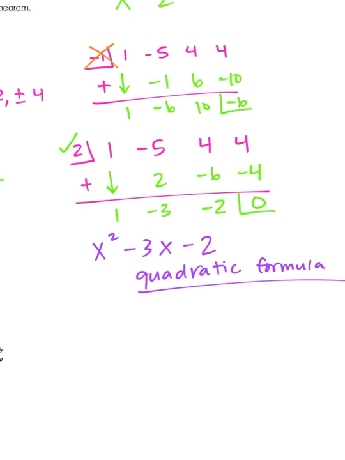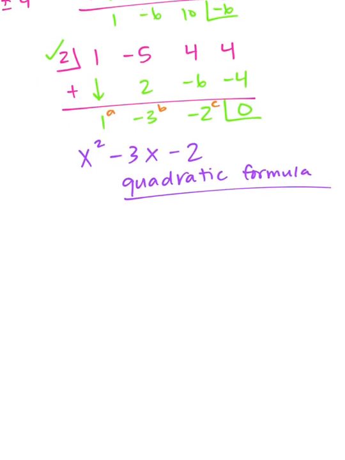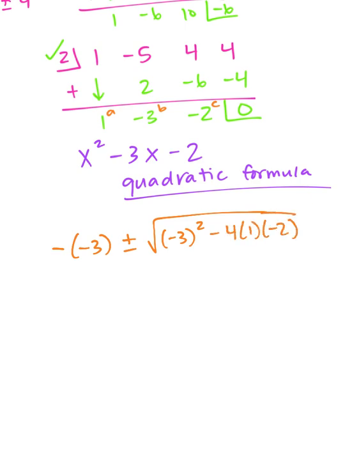Luckily, I've already got my A, B, and C values from the synthetic division that I did. So I'm going to use those values. So quadratic formula, -b plus or minus the square root of b squared minus 4ac all over 2a.